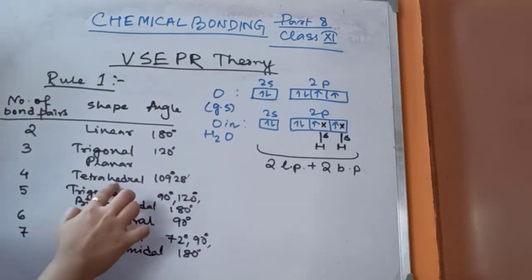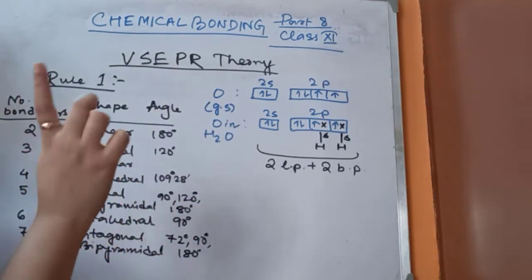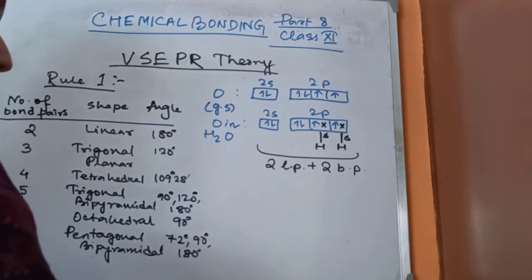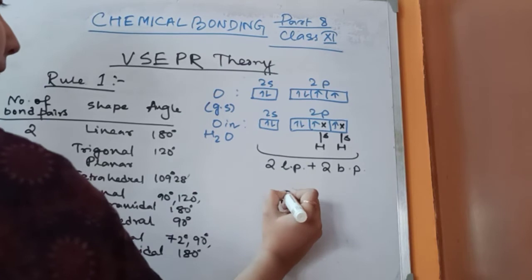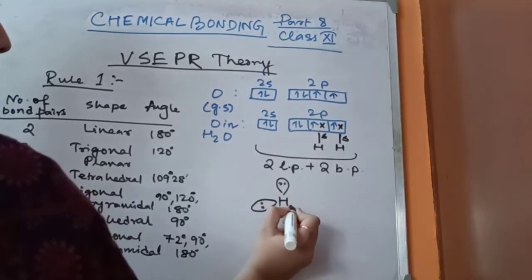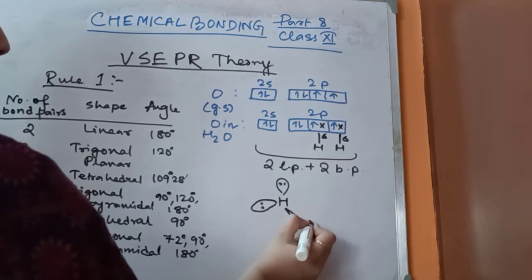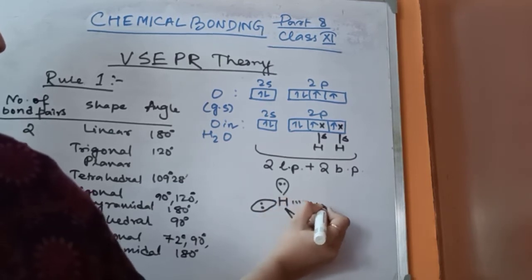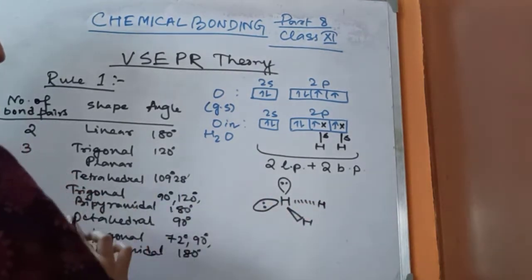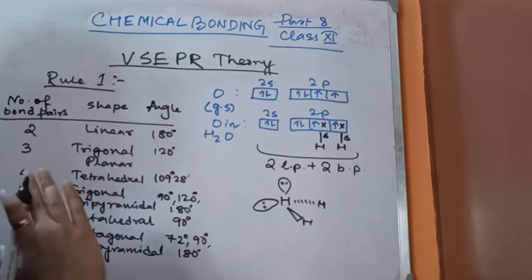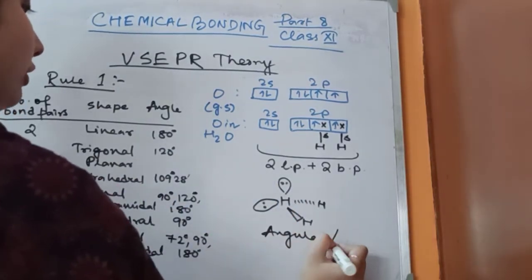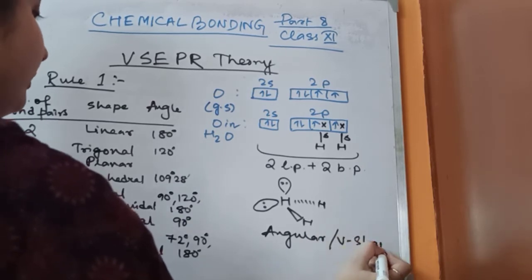So the ideal structure has to be tetrahedral, but it is not tetrahedral. Why? Because of the presence of the lone pairs. The ideal structure is tetrahedral, but the actual shape is angular or V-shaped.